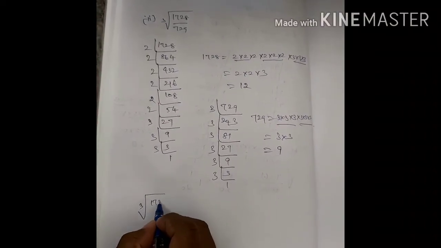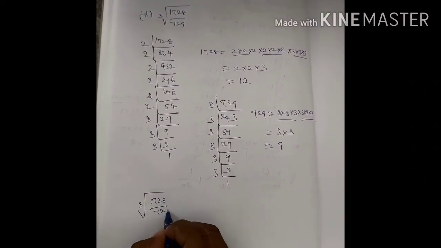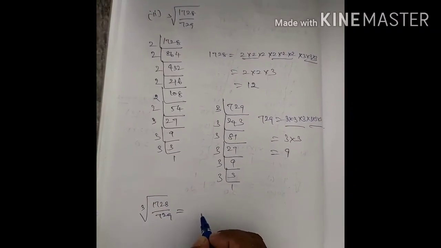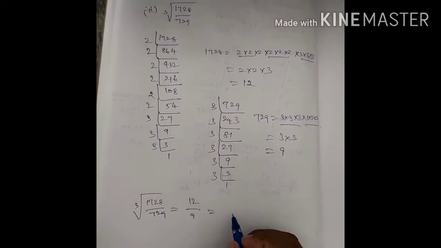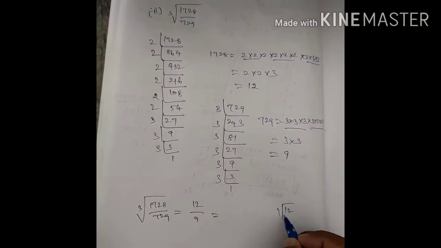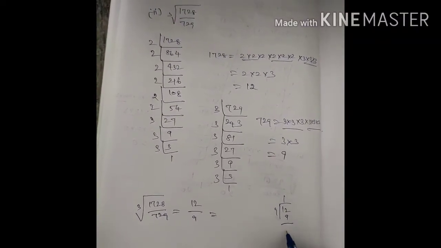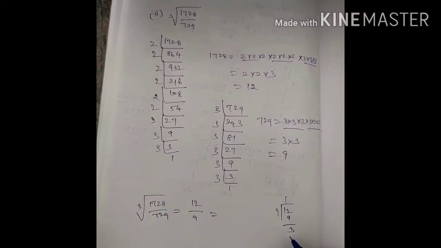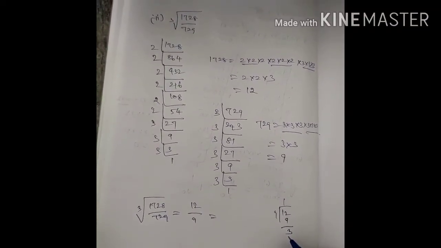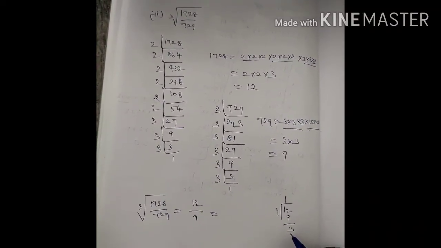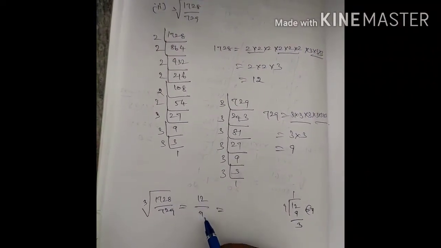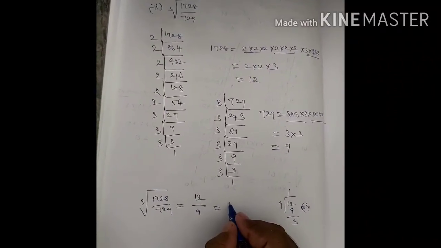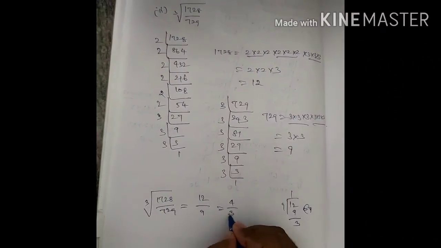So the cube root of 1728 by 729 equals 12 by 9, which is 4 by 3. So 12 by 9, cancellation for 3s, so 4 by 3. So 4 by 3 equals 1 1 by 3.